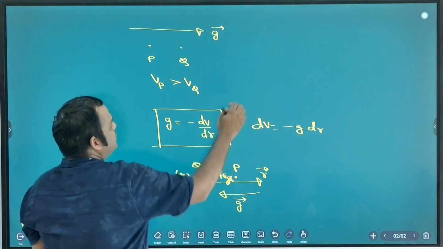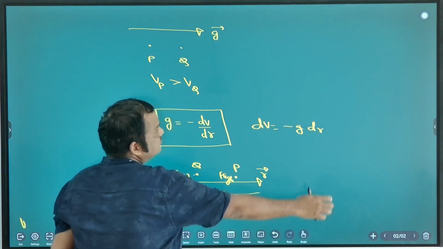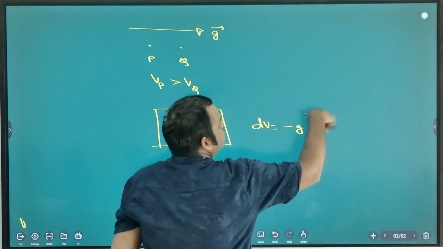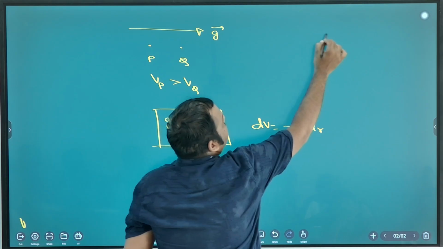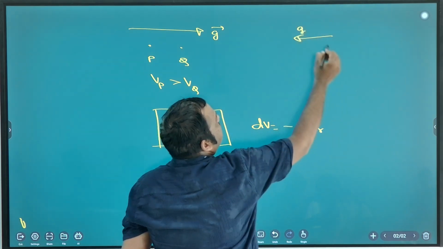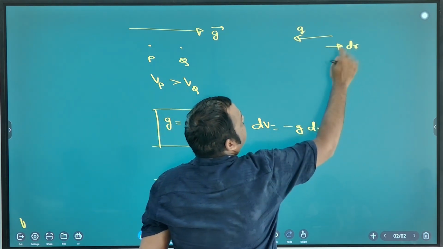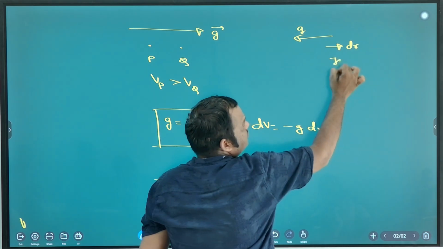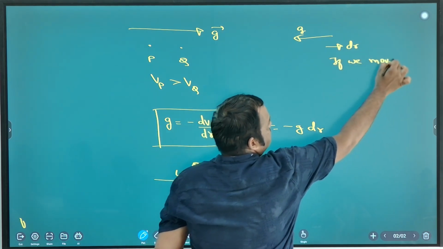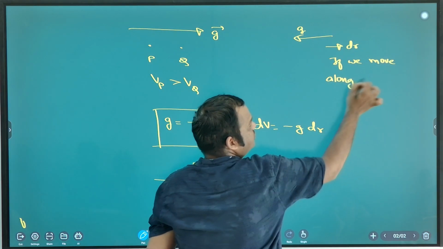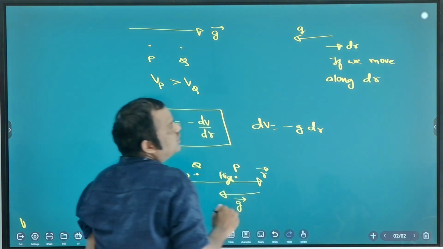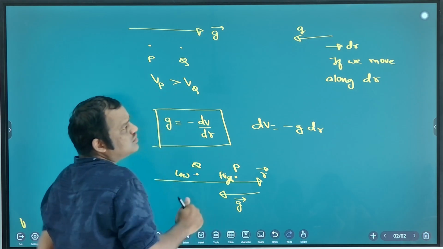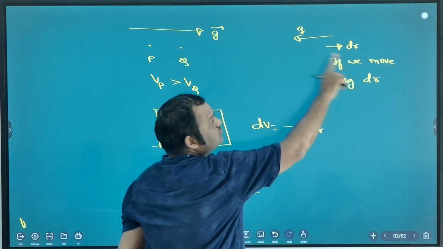Note down. Suppose this is the direction of G and this is the direction of dr. If we move along dr, tell me, does potential increase or decrease?